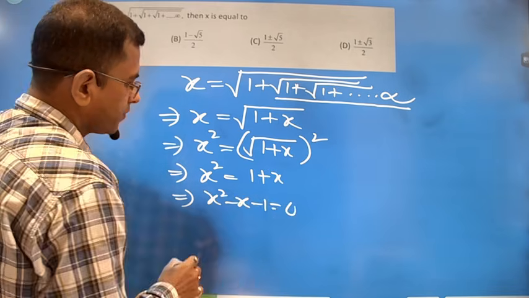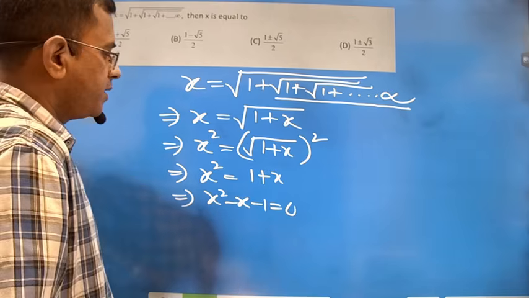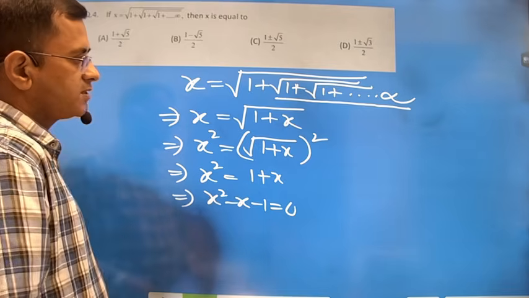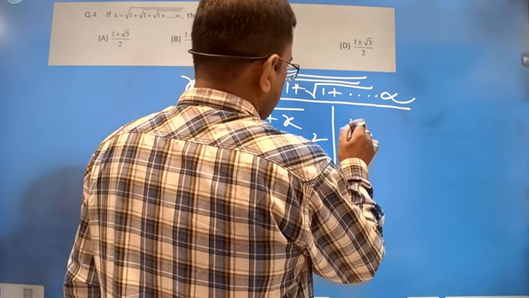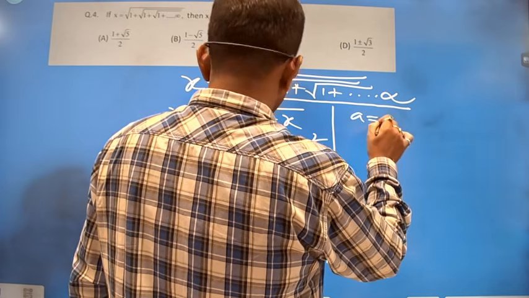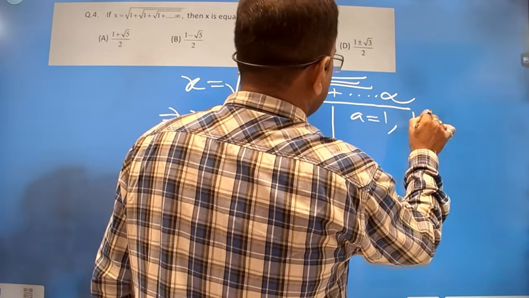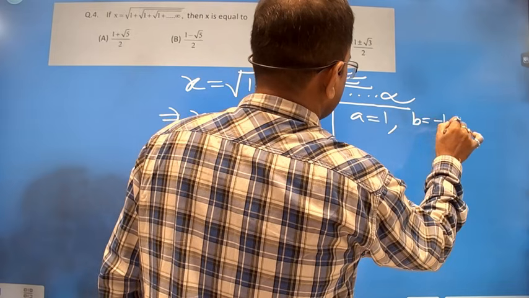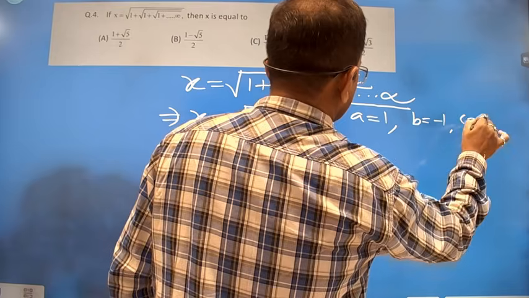If we compare this equation to the general quadratic equation ax square plus bx plus c equal to 0, then a equal to 1, b equal to minus 1 and c equal to minus 1.